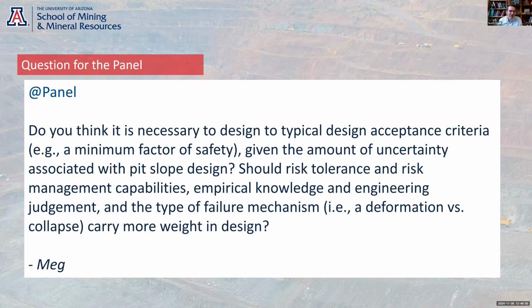And I'll address just the very end of the question there, that should empirical knowledge, engineering judgment, and the type of failure mechanism carry more weight in design? I would argue that they already carry a very heavy weight in design, because when we perform our slope stability analysis to try and calculate our factor of safety, we have to make a lot of decisions along the way using the empirical knowledge and the engineering judgment. And that's just to decide, what are our critical failure mechanisms and what analysis tools should we use?